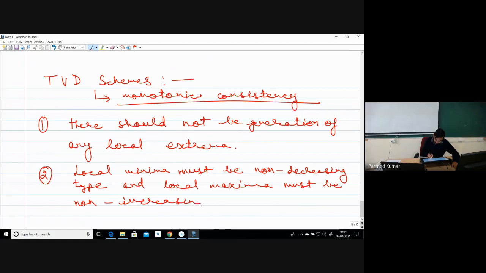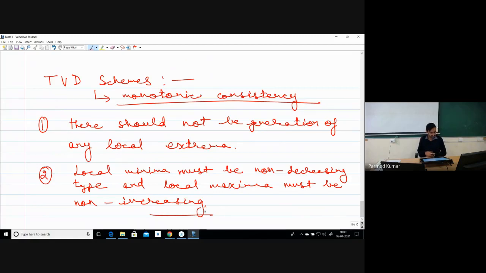Whatever I have written over here, can you infer some physical meaning from these? So I am saying that in order to satisfy the monotonic variation of phi, monotonic consistency, mathematically our discretization scheme should follow the two fundamental criteria.